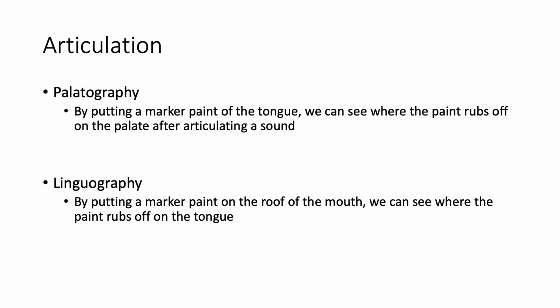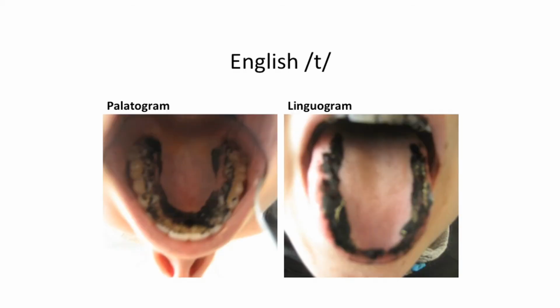So if the tongue is painted black and the tip of the tongue touches the alveolar ridge, then after saying T, we will see a black mark on the alveolar ridge. And you can see this is exactly what happens when you produce an English T, which is an alveolar stop.